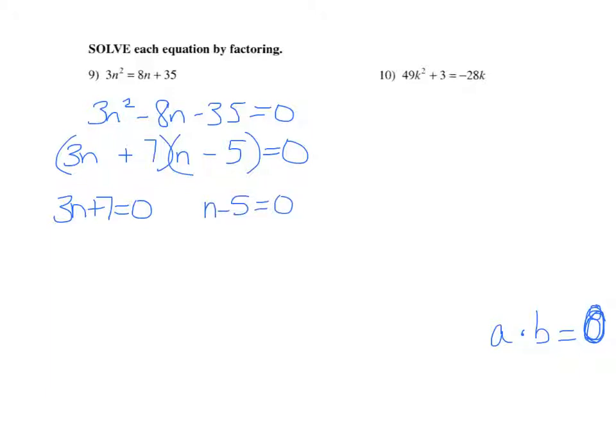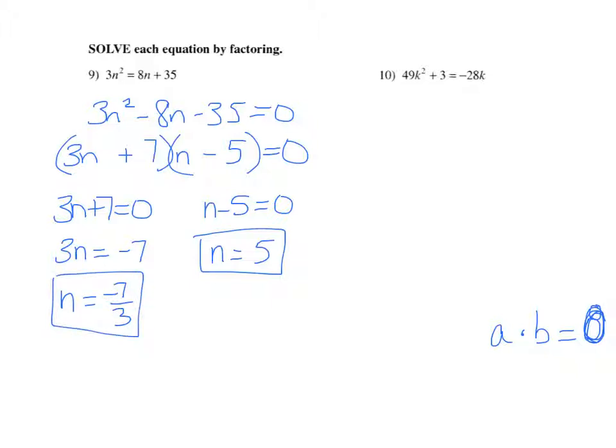If I solve for n, I get negative 7/3. On this one, if I add the 5 over, I have two possible solutions: n can either be 5 or n can be negative 7/3. And in either of those scenarios, that would make this equation equal 0.